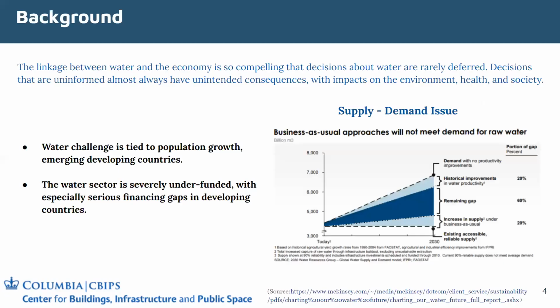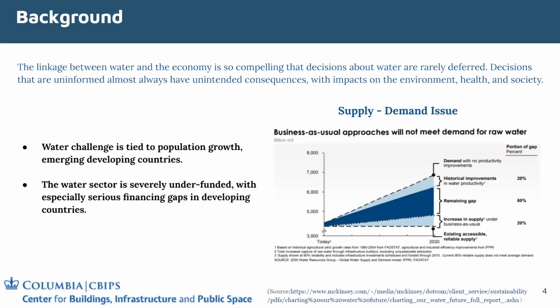So the first one is the background. So why is water sampling so important? Because water has a big impact on the environment, health, and the society. So water challenge is tied to the population growth, especially for those developing countries. And the water sector is severely underfunded, with especially serious financing gaps in the developing countries. As you can see in the picture on the right, that's a report that we found online, which was conducted by McKinsey & Company.